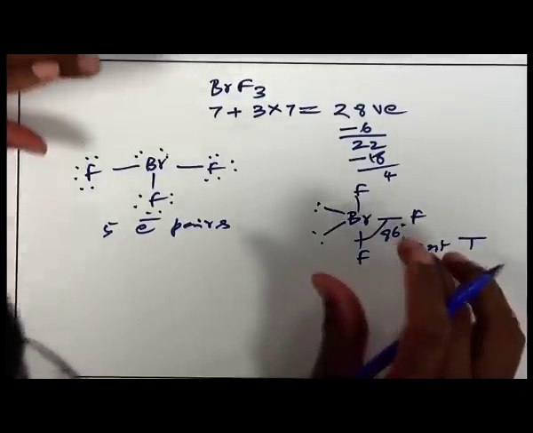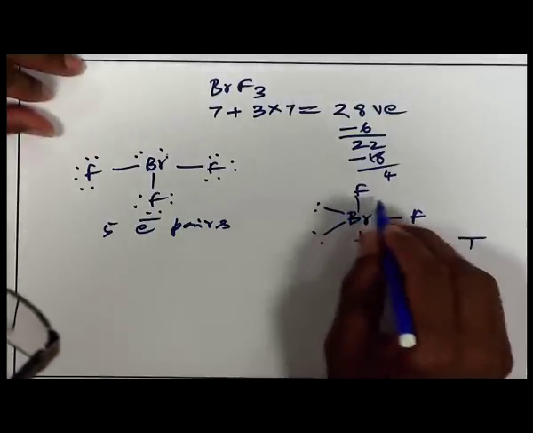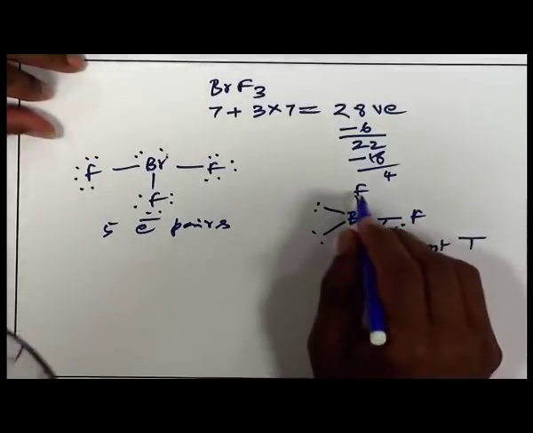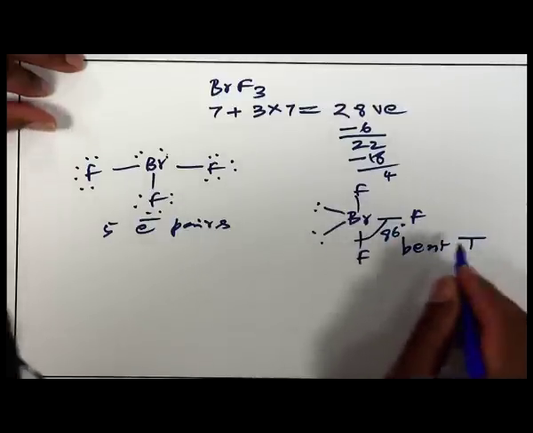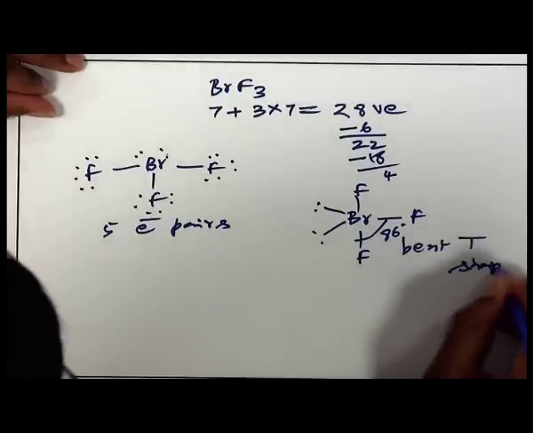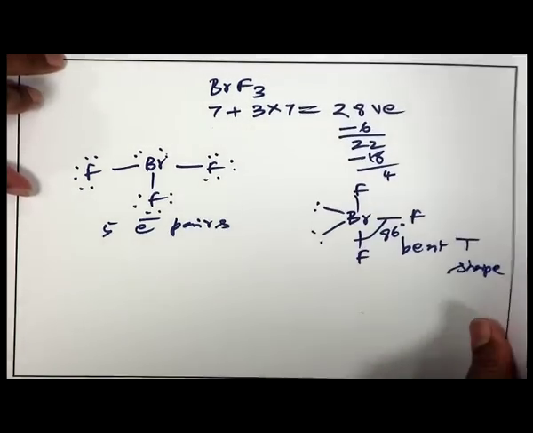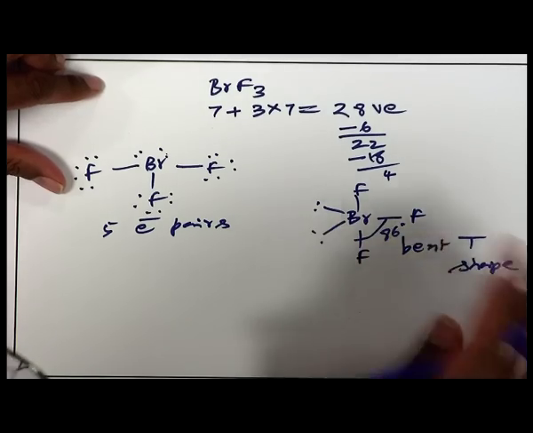Because of the strong repulsion between the two lone pairs, it pushes the bonding electron pairs a little bit down. So, the shape becomes a bent T shape, because it looks like a T.